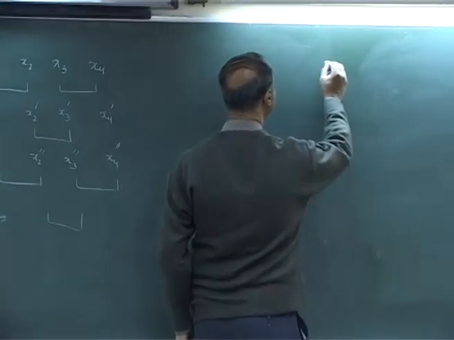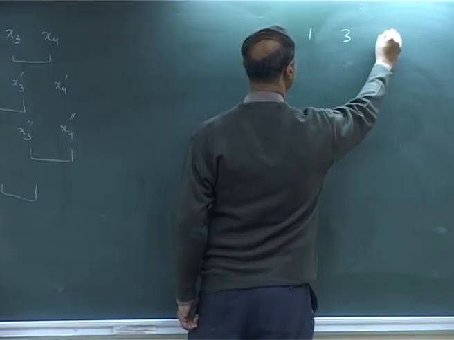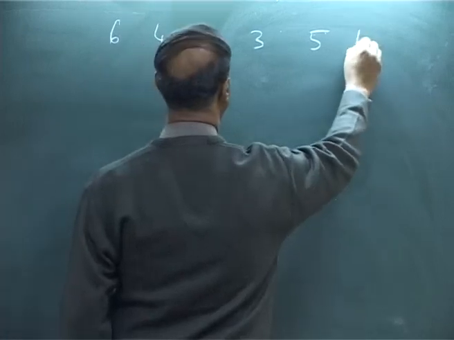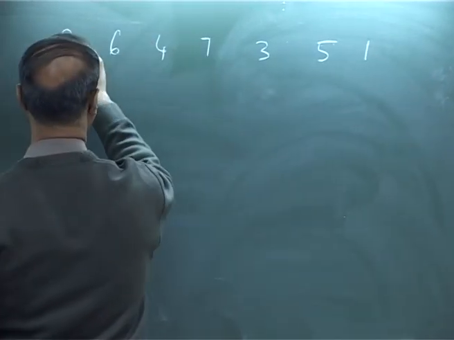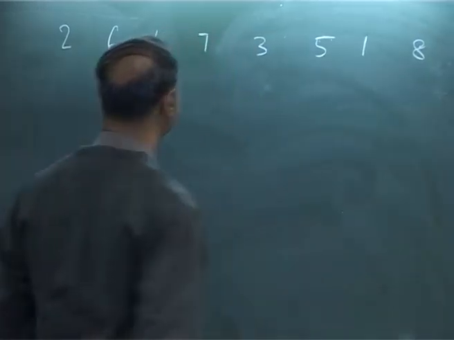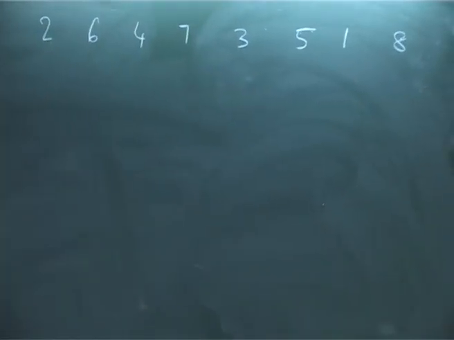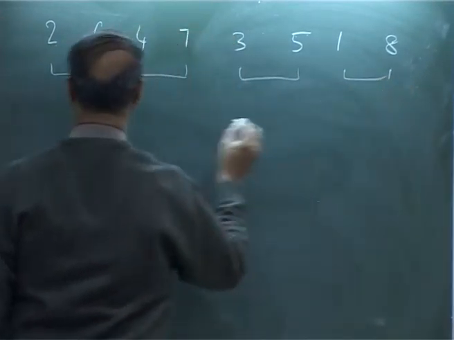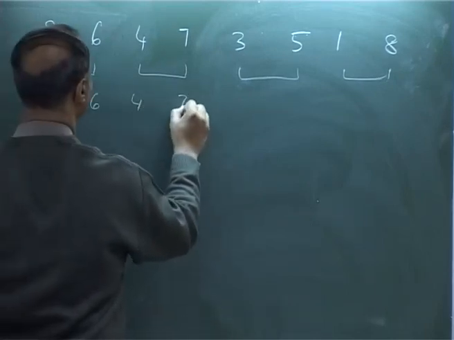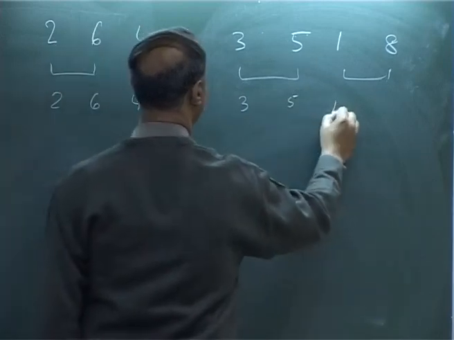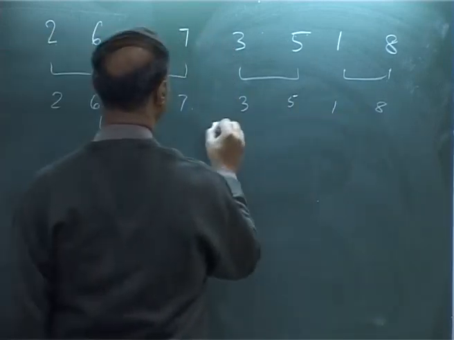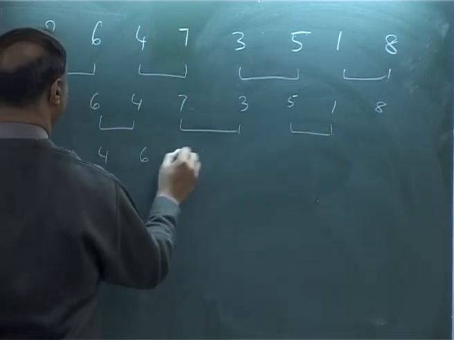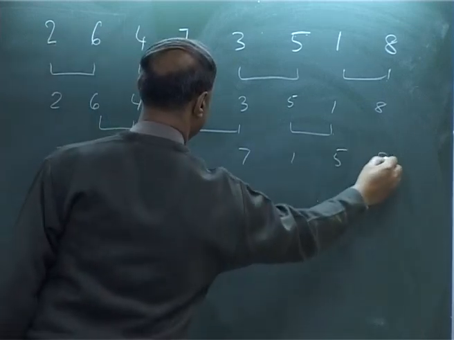You have 8 elements: 4, 1, 3, 6, 5, 7, 1, 2, 8. Suppose these are the 8 elements I have. So, you get 2, 6, 4, 7, 3, 5, 1, 8. You get 2, 4, 6, 3, 7, 1, 5, 8.